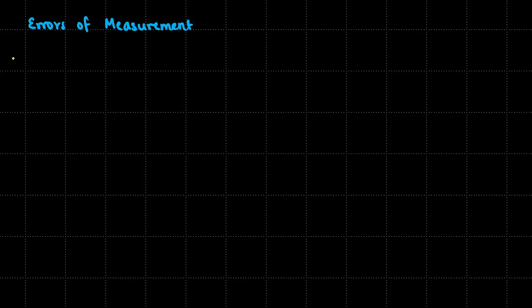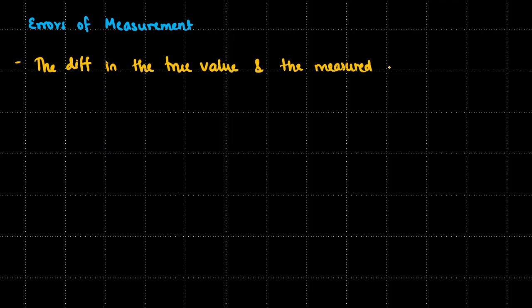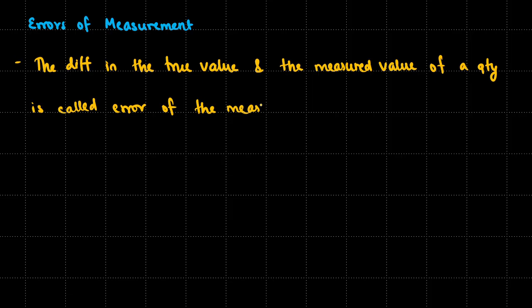So let's write the definition: the difference between the true value, the actual value, and the measured value of a quantity is called error of the measurement.